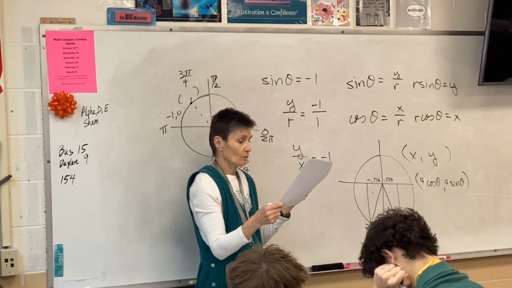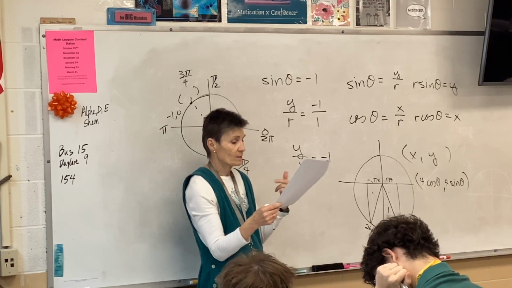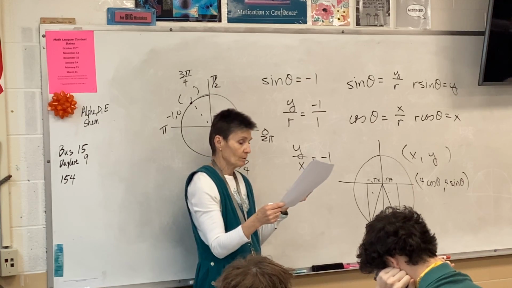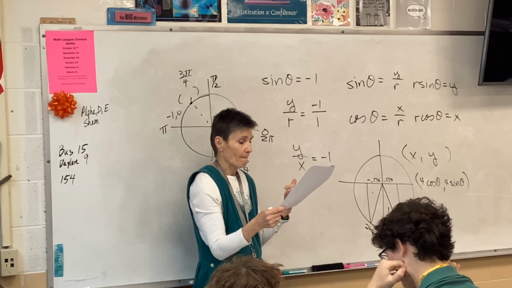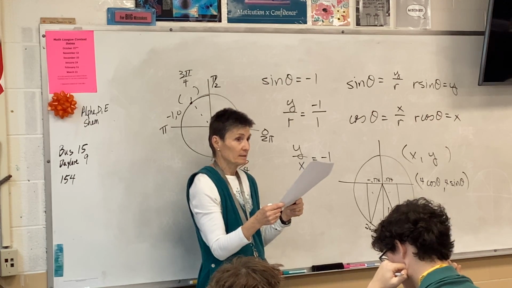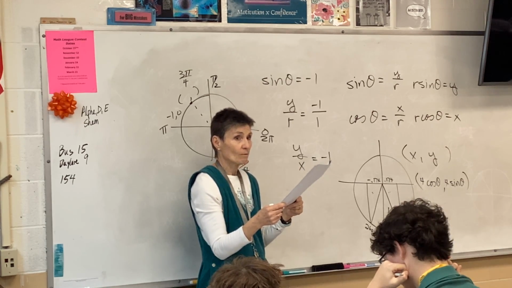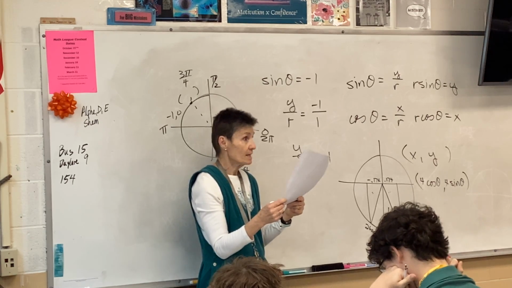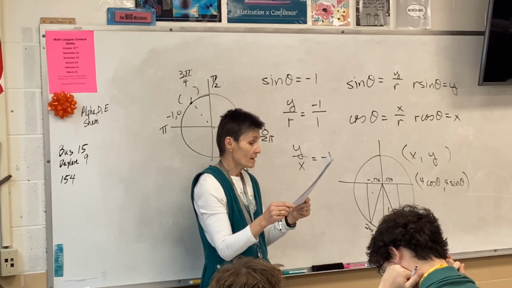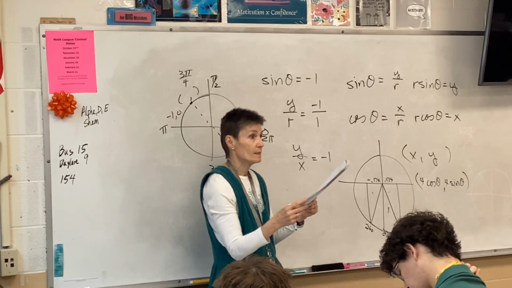Think of your unit circle. Is it pi over 3, 5 pi over 6, 2 pi over 3, or we got some negatives thrown in there too. So what do you think? The angle is clearly 2 pi over 3. And so the answer is C. Your radius is 4 and your angle is 2 pi over 3.